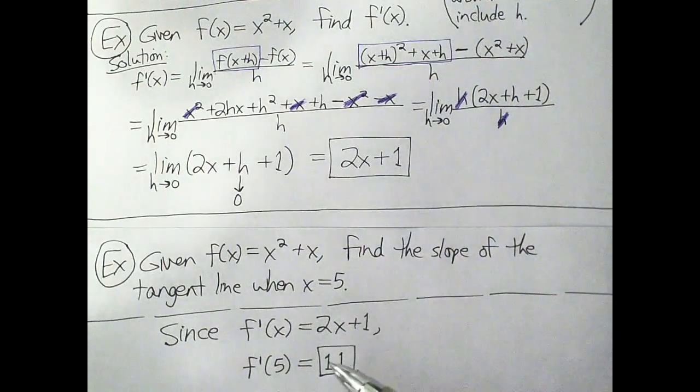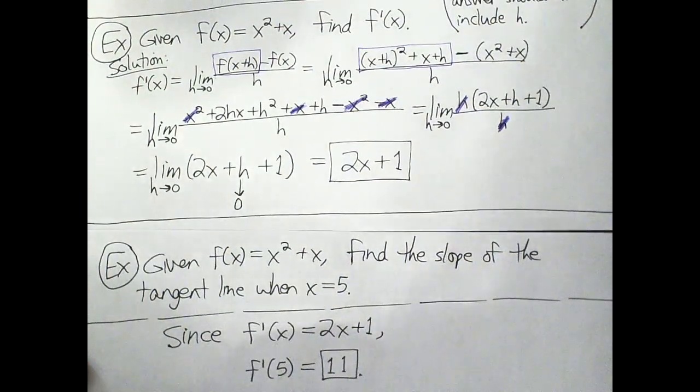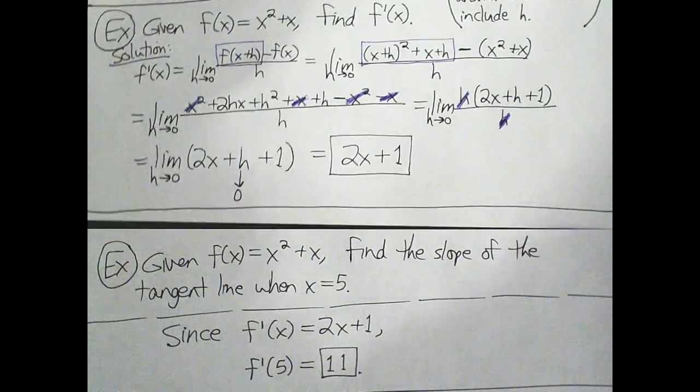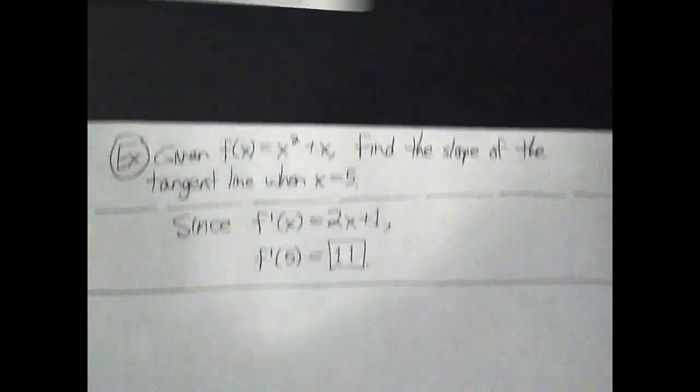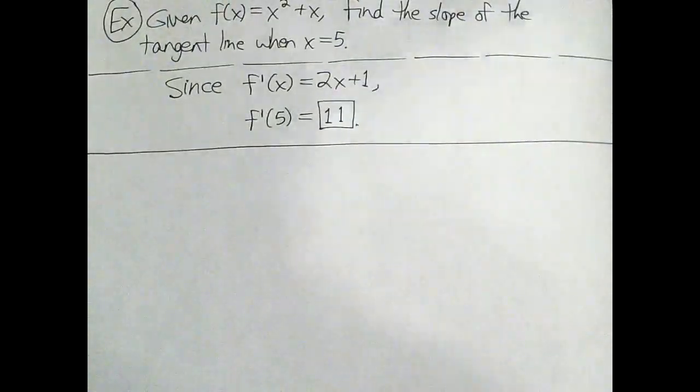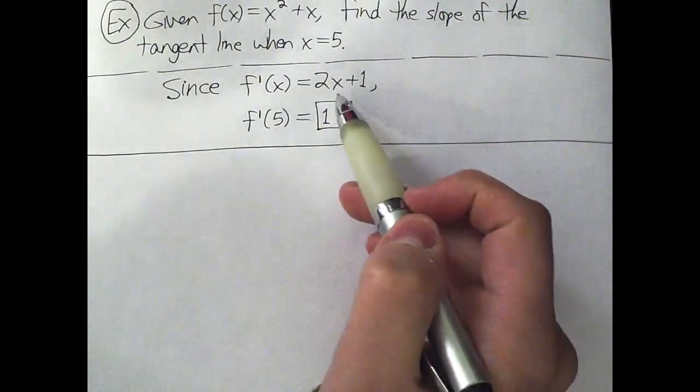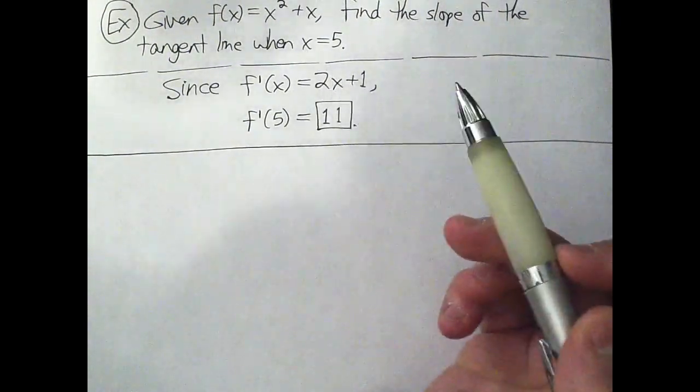You could say, slope of the tangent line at 5, boom, done. So that's pretty cool. But of course, that's only because we already did the work to get the 2x plus 1.